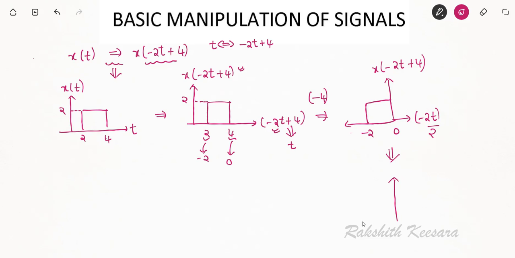So what will happen if I divide this by 2? This will become minus 1 and this will become 0. This is x of minus 2t plus 4, and the axis will be minus t. Now I should multiply this by minus 1.